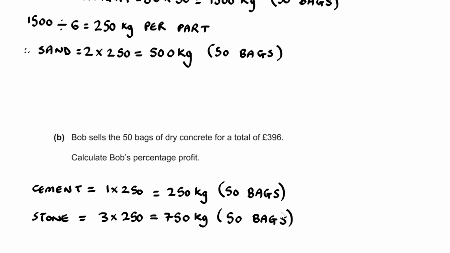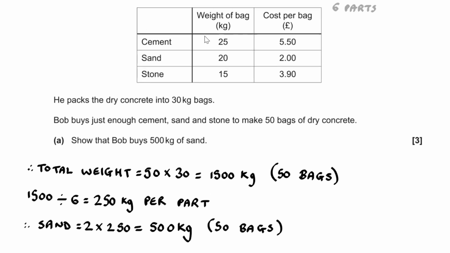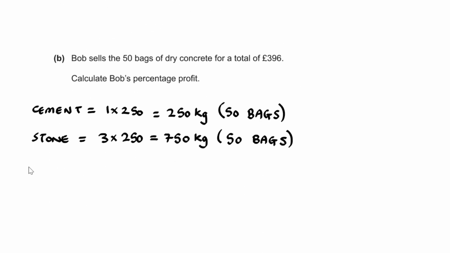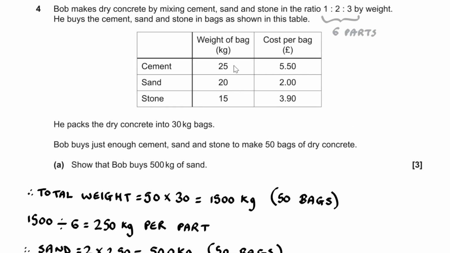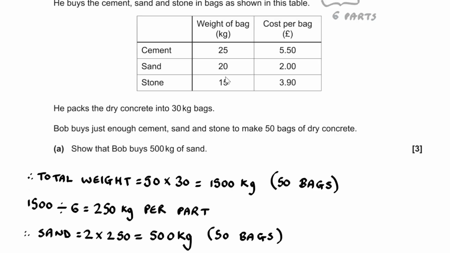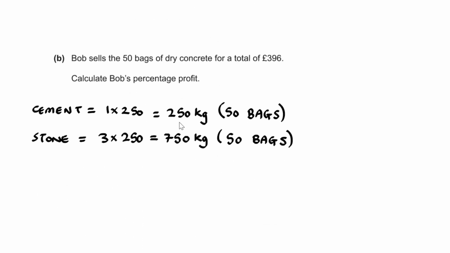So what we can now do is find out how many bags of each we need. So for the number of bags, for cement, if we consider cement, we've got here 25 kilograms for the bag. So we've got here 250 divided by 25, which is 10.